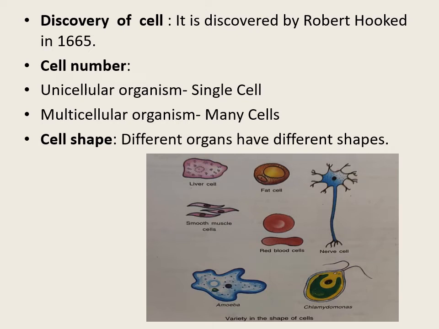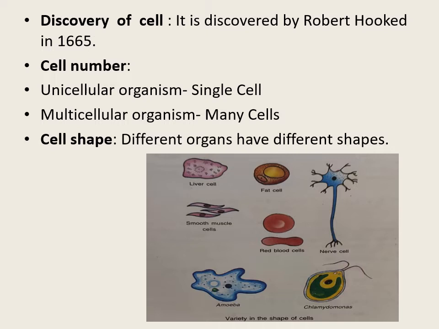Now the next is the shape of the cell. Does one particular organism have the same type of cell? No. You can see in the picture, different organs of the body have different shapes. On what does this shape depend? The shape depends on the function and location of their part.